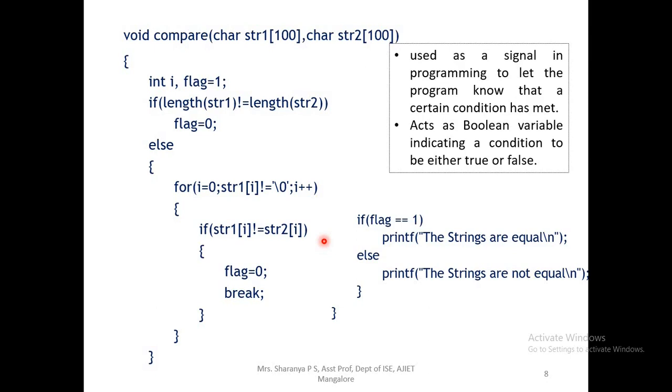Maybe like 92 is not equal to 96, like that. ASCII value is nothing but an integer value, as we know. That is how it is going to perform the string comparison. If the ASCII value is greater, then it says the first character is greater than the second. This is how it is going to perform the string comparison.